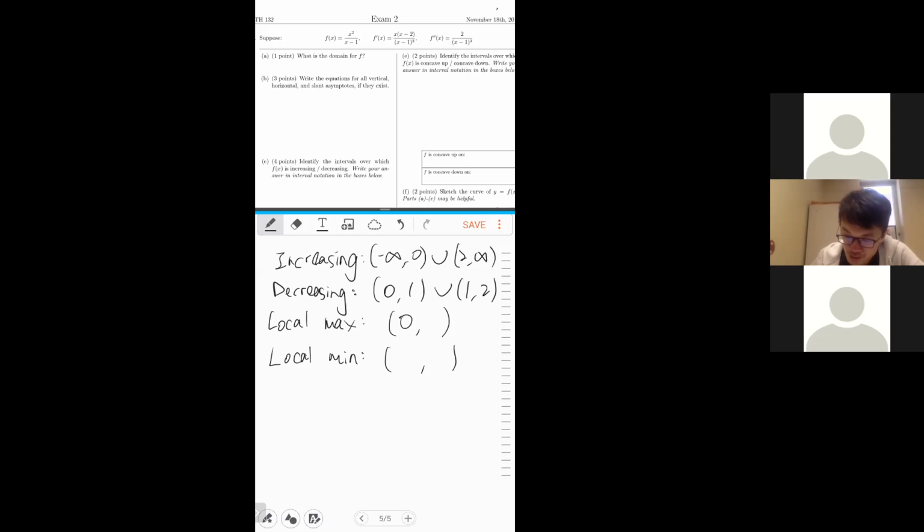Okay, plug x equals 0 into the original function. The original function was x squared divided by x minus 1. So when you plug in 0, you get 0.